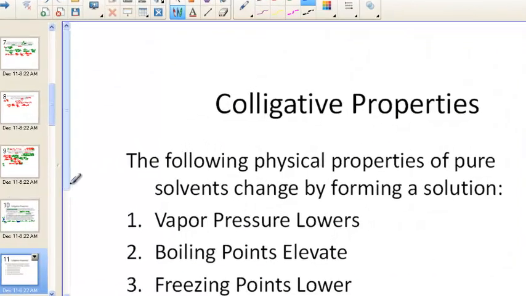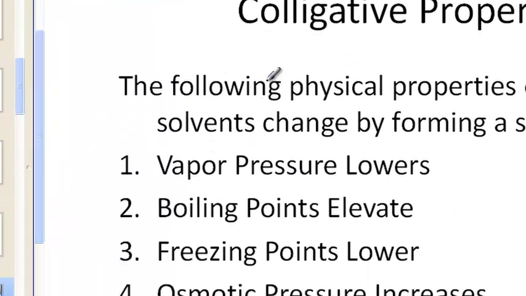Those physical properties that are changed are known as colligative properties. Colligative properties are physical properties that change just by adding, let's say, salt into water or sugar into water. Remember, it doesn't matter what I add, it just depends on how much I add.